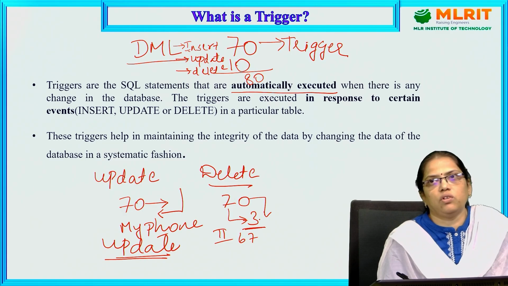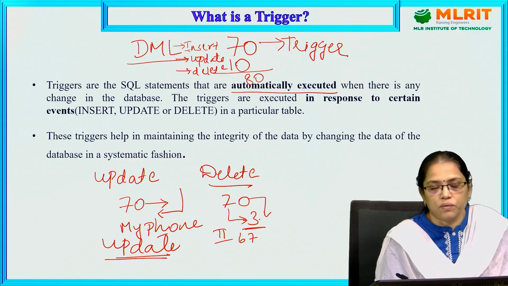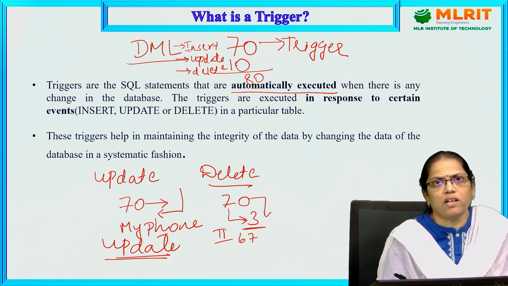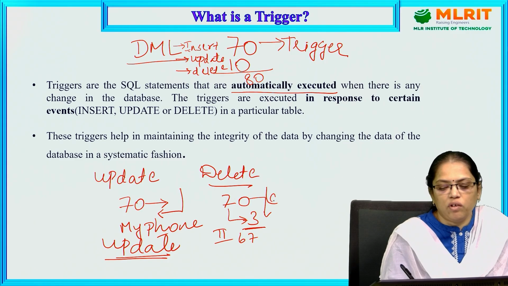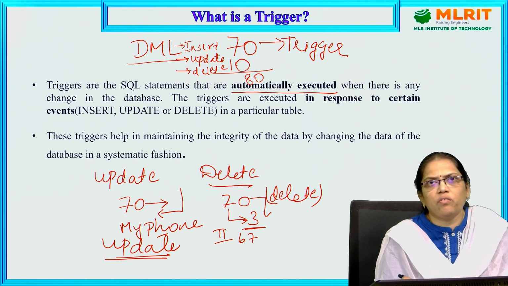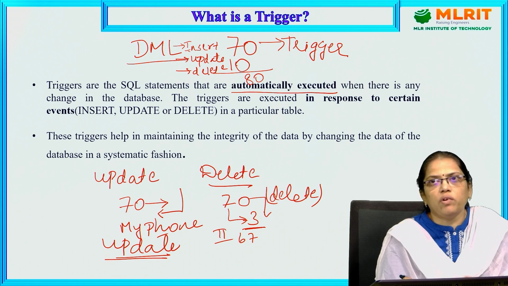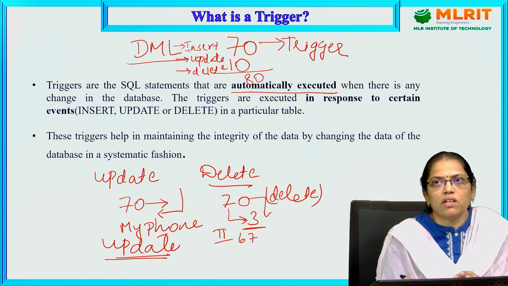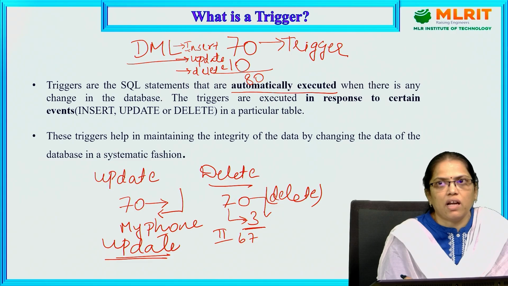So what should I do? I should delete the 3 students' information from the database. This will be done using the command called delete. So we need to remember whenever we are using triggers, we will only be using data manipulation language, and that too only 3: insert, update and delete.